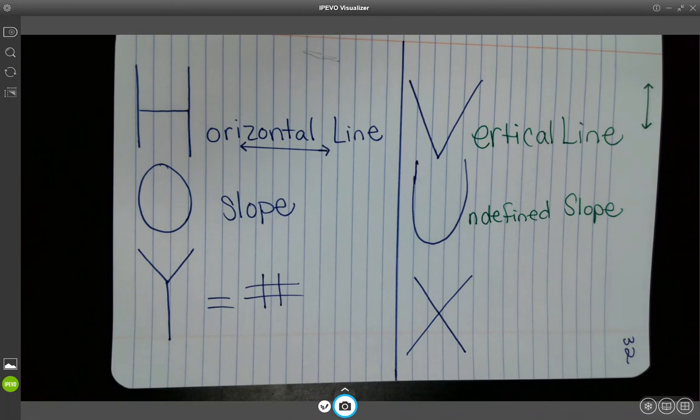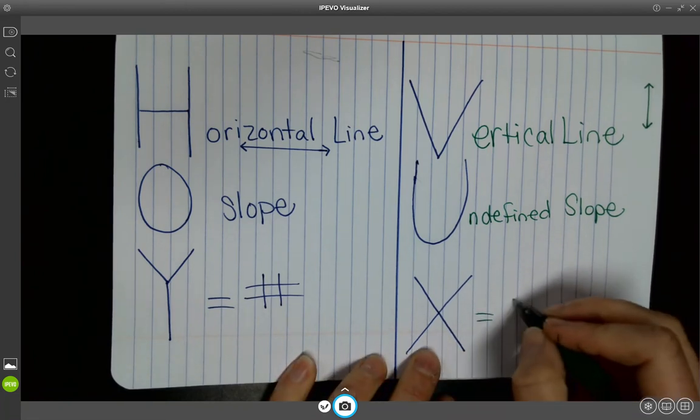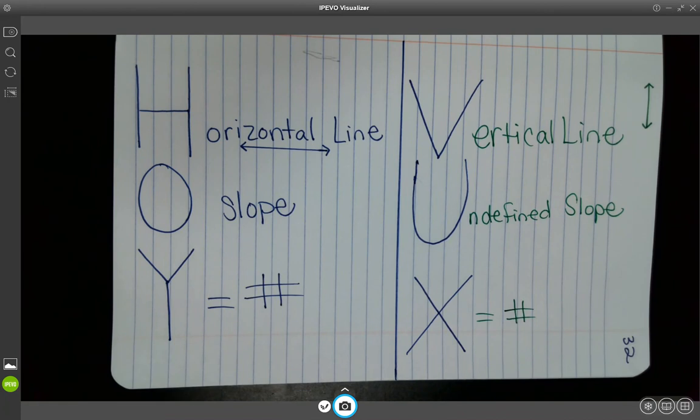And then the equation is x equals a number. So it doesn't even say y equals at all. And normally equations are written as y equals something. Well, for vertical lines, it's undefined slope, so it doesn't even have a y involved at all. It's just x equals some number. Okay, so that's it for your notes.